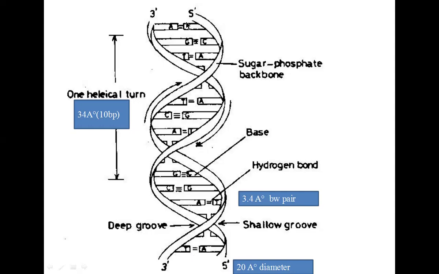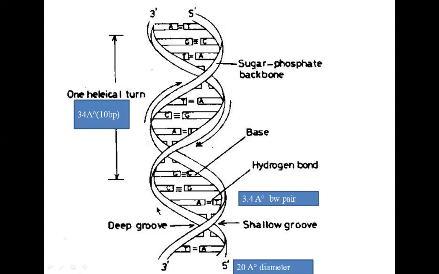Then in the central axis, you can see the nitrogenous bases, which are perpendicular to the axis and hydrophobic in nature. And the most important one is Chargaff's rule, that is the base pairing, which can also be seen here. Then anti-parallel strands: one strand runs in the 3' to 5' direction, the other in the 5' to 3' direction.